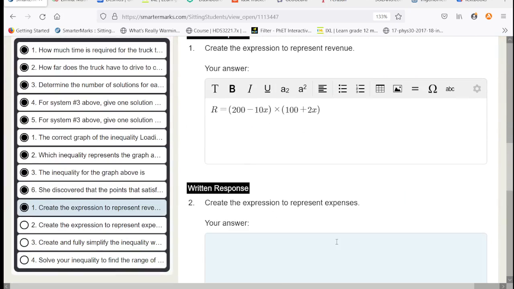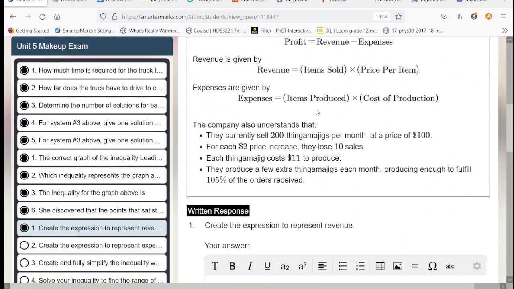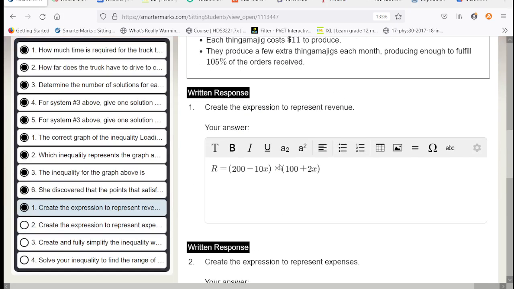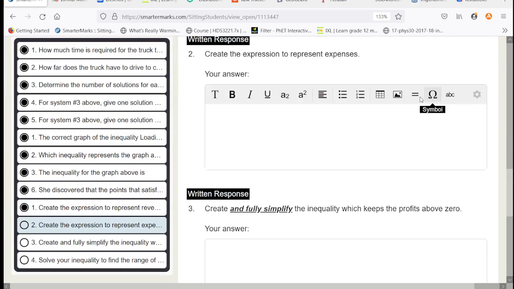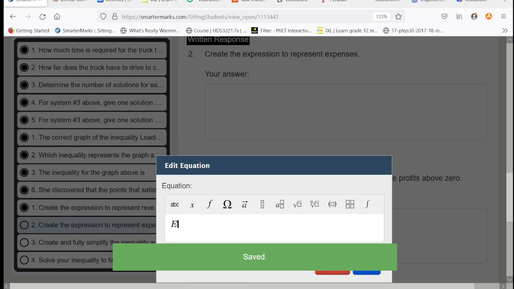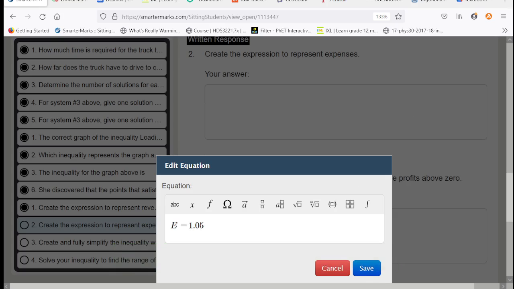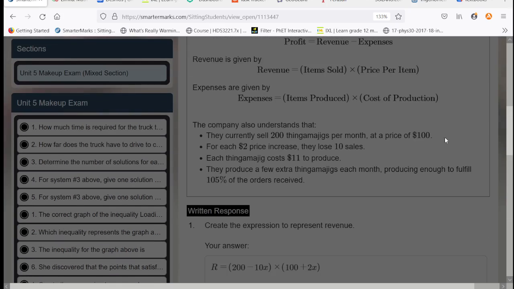We have to create an expression that represents expenses. That's items produced times the cost of production. So they produce a few extra thingamajigs per month. So that's 105% of the orders. So the expenses, the number of items produced is 1.05 times the 200 they sell less the 10 sales per $2 price increase.